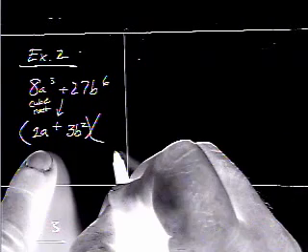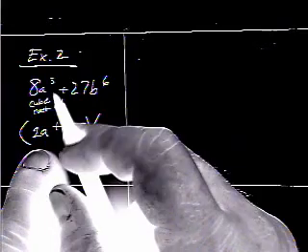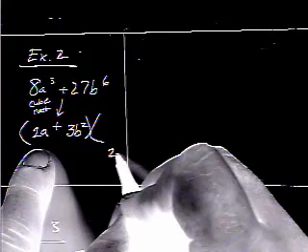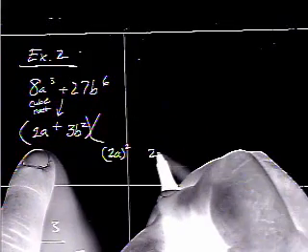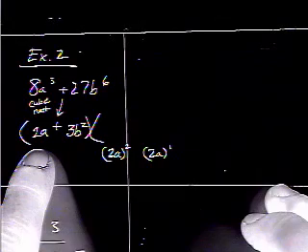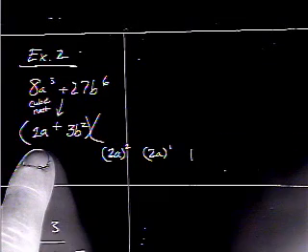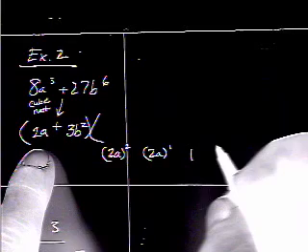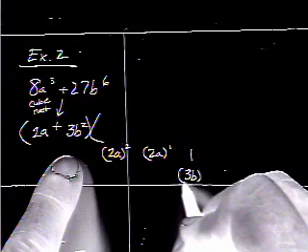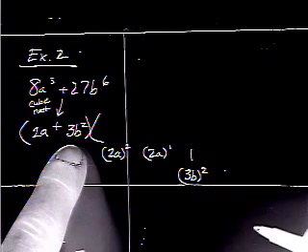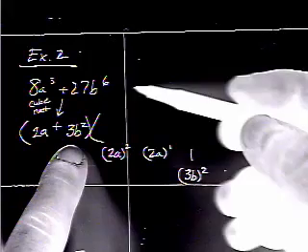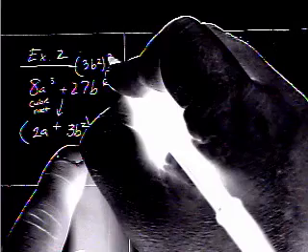Okay, so over here, since I took out 2a, I'm left with 2a squared, 2a to the first, 2a to the 0. Since I took out, so really what I had here was 3b squared to the third.